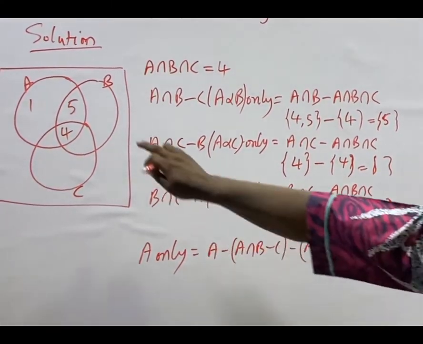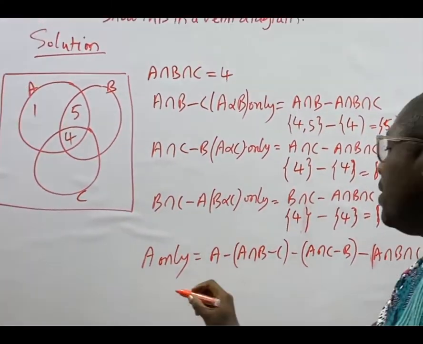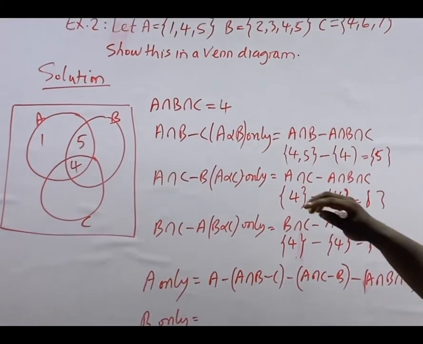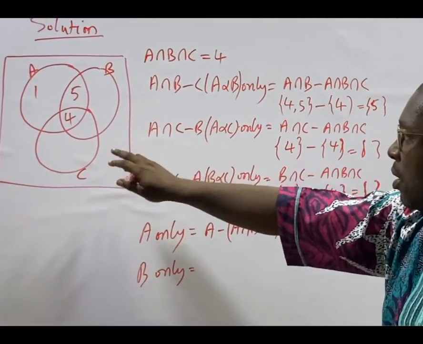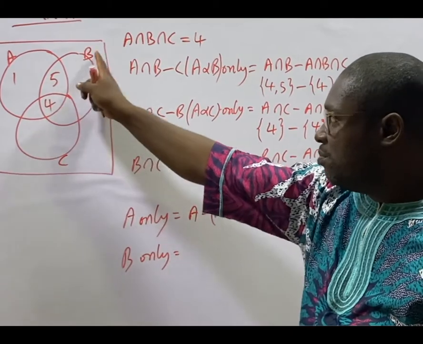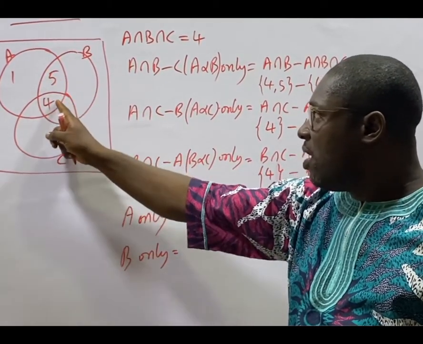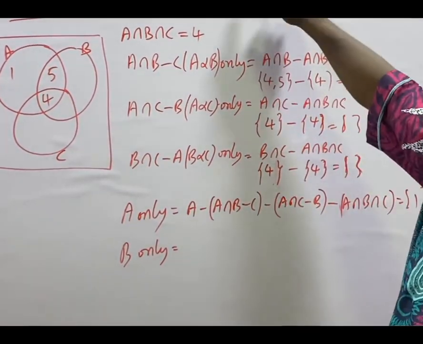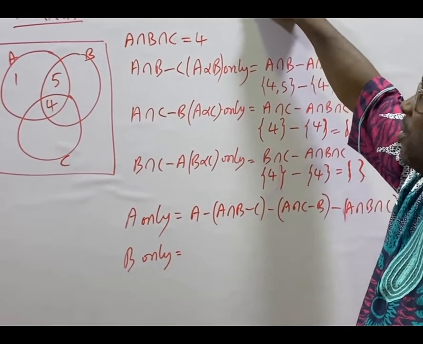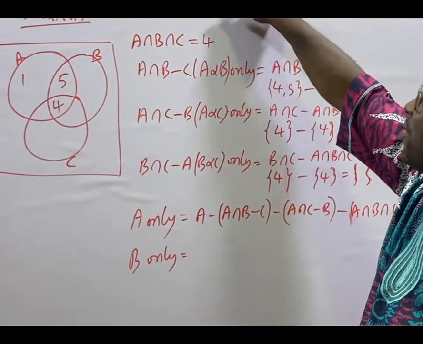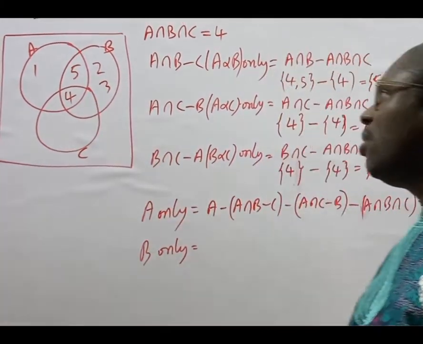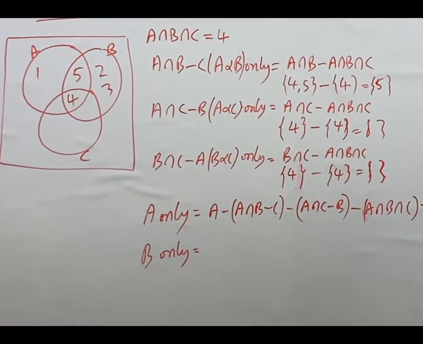So B only, let's sort out B only. Now look at B. 4 and 5 have also been taken out of B. So this is B, this is B. Now 4 and 5 have been taken. What are we left with? We're left with 2 and 3. So 2 and 3 will come in here.